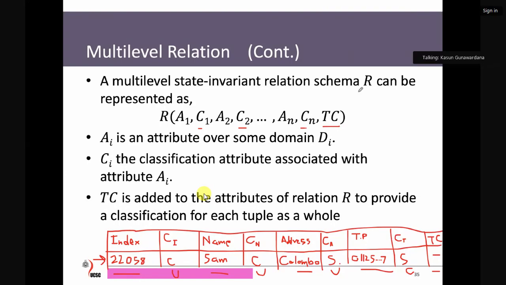So two different instances are available for two types of clearance levels. If we think of 4 types of clearance levels, we may have 4 different instances.